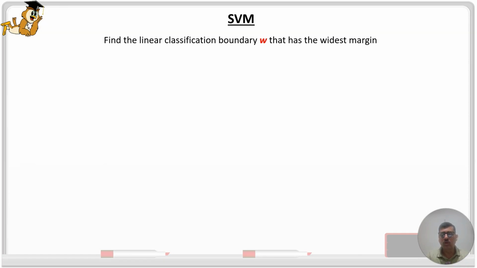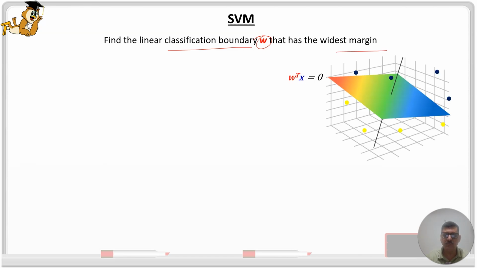Okay, so now we are going to pivot to the math. Now that we know intuitively what we are seeking to accomplish, we are going to pivot to the math. And what we say is that we want to find the linear classification boundary, the hyperplane represented by W, that has the widest margin. So again, an attempt to draw this in 3 dimensions. You had 2 classes, blue points and yellow points, and this was your separating hyperplane, W transpose X equal to 0.